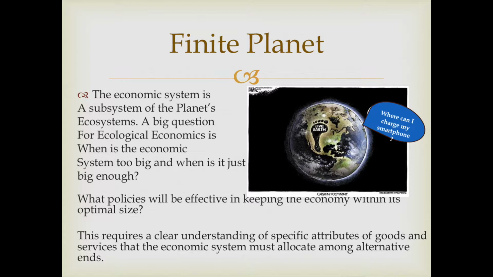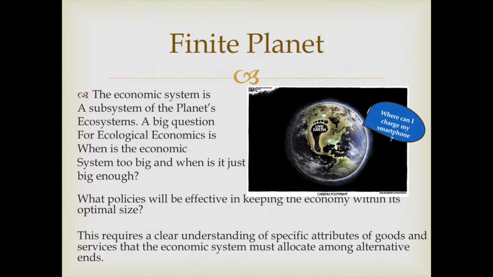For example, they don't do a very good job at all with goods that cannot be exclusively owned privately. Using the market to allocate resources sufficiently requires private ownership of these goods. So one of the goals here will be to identify the specific attributes of goods and services that allow the economic market system to allocate goods efficiently, and then to address those goods and services that cannot be allocated efficiently by the market due to the problems inherent with ownership.